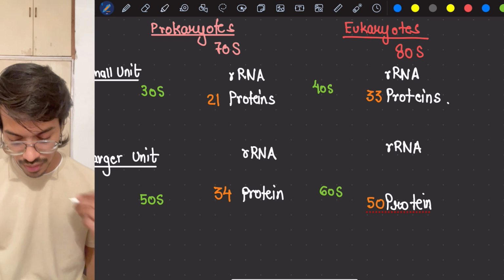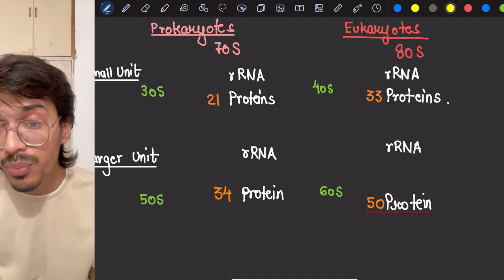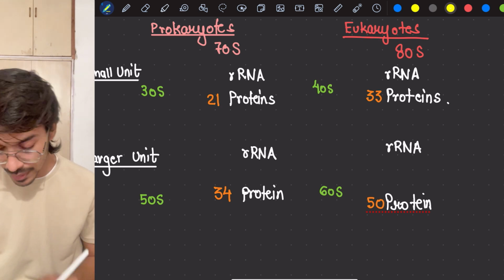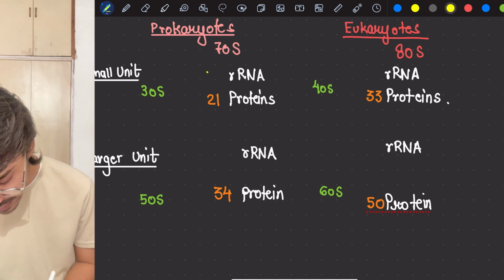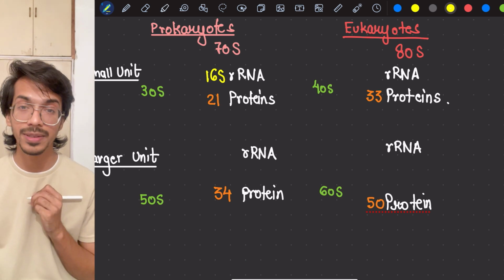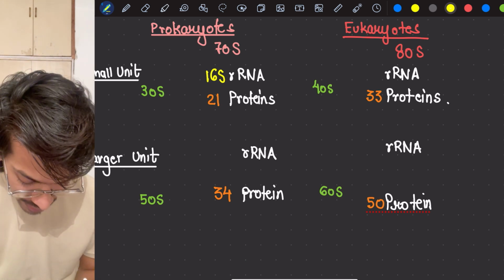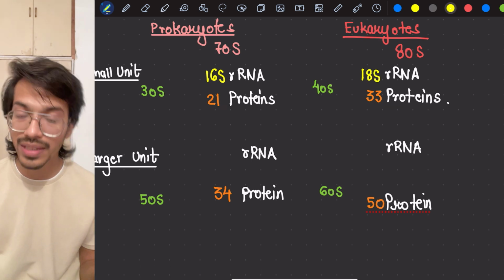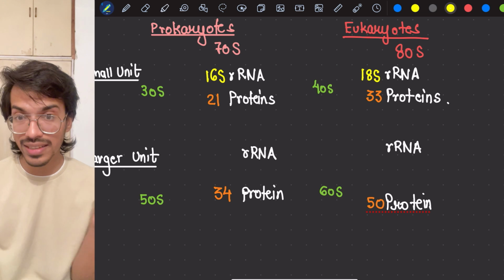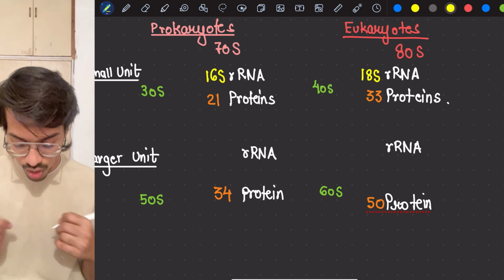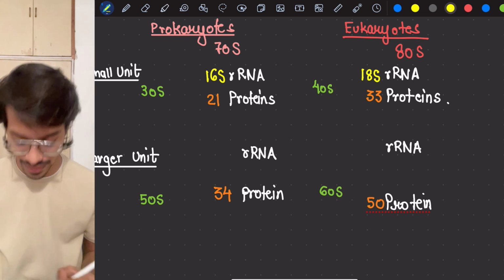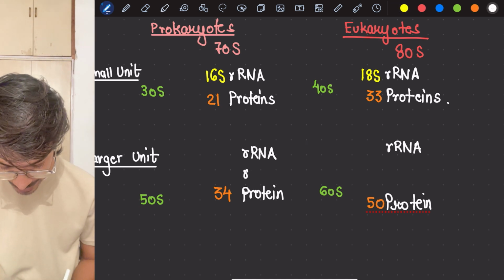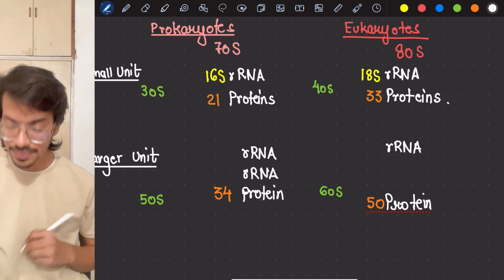Let's see the other. Now, which type of rRNA is present? In the smaller unit, only one rRNA is present, and that is 16S rRNA in prokaryotes, whereas in eukaryotes it is 18S rRNA. We will remember it. I will give you a trick after this also. Writing it like this makes understanding better. Now in the larger unit, there are 2 rRNA types present in prokaryotes. Let's see what they are.